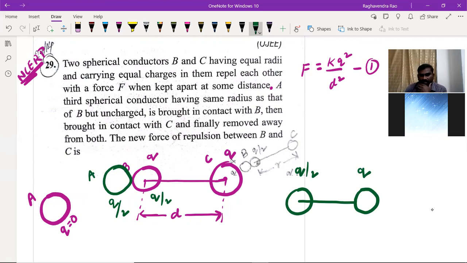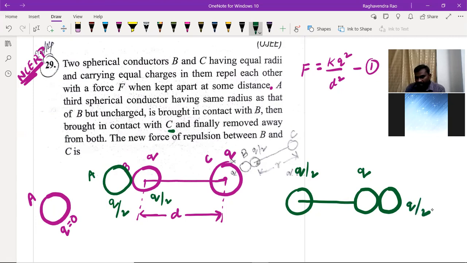Then it is brought in contact with C. Now sphere A is connected to C. Initially this was uncharged, but by removing from B, it has a charge of Q by 2, right?